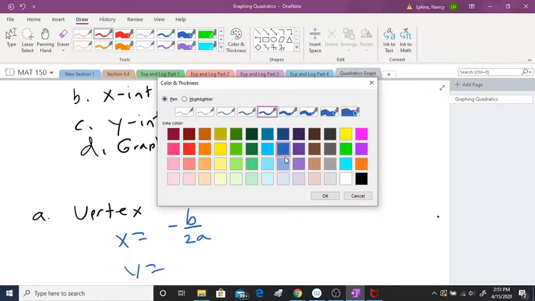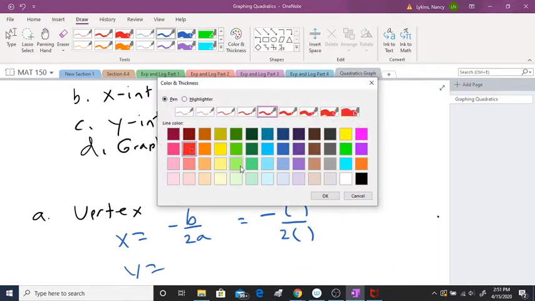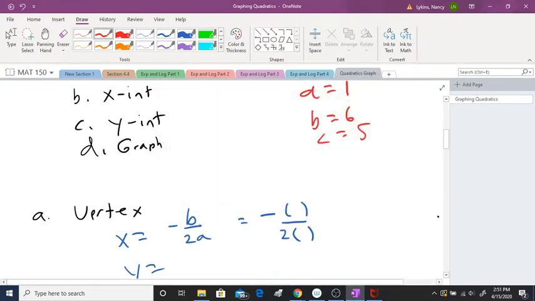So to find the vertex, I'm going to put minus, then in parentheses, over 2 in parentheses, and I'm going to substitute for B my 6, my A my 1, and then when I say minus 6 over 2, you should get a minus 3.